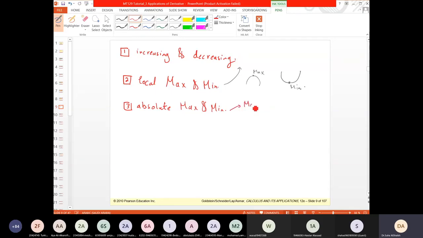From there we have the maximum value and we have the minimum value. In number 4, we talk about being concave up and concave down. And in number 5, we talked about the inflection point.